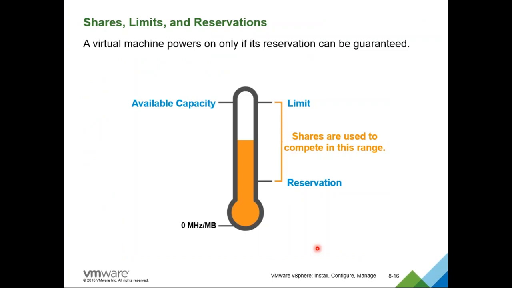This option is used to guarantee a minimum allocation of CPU and memory for a virtual machine. A virtual machine will start only if its reservation can be guaranteed.